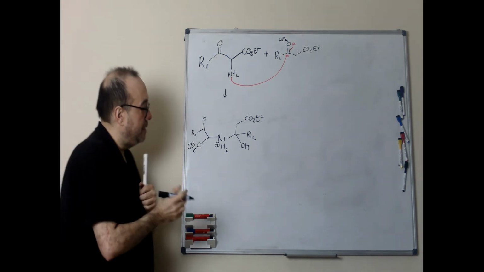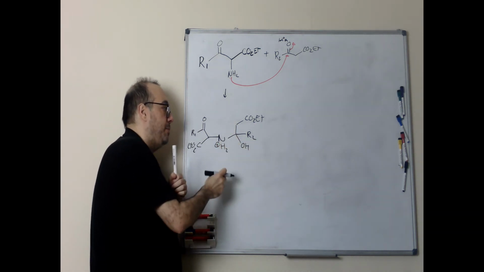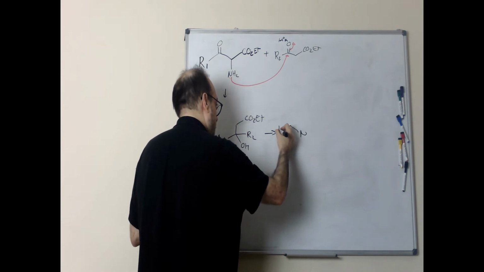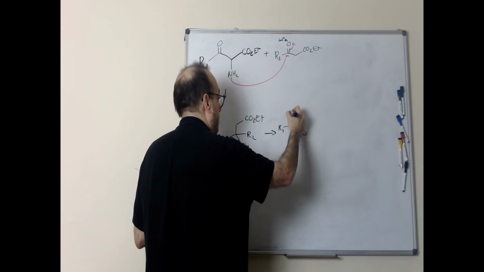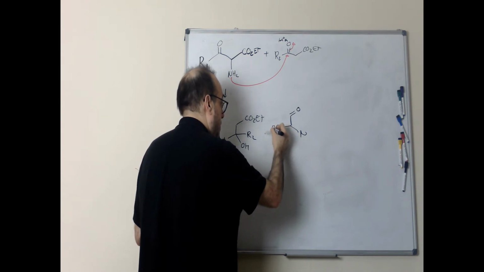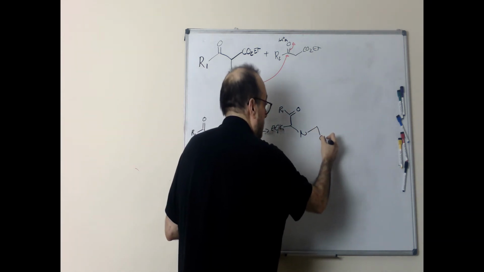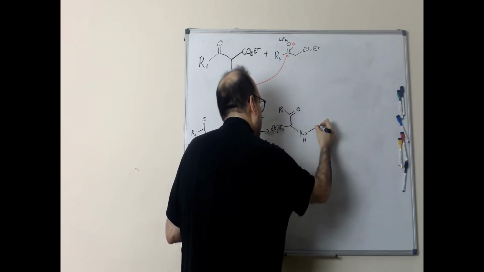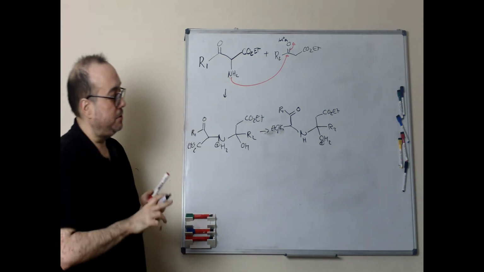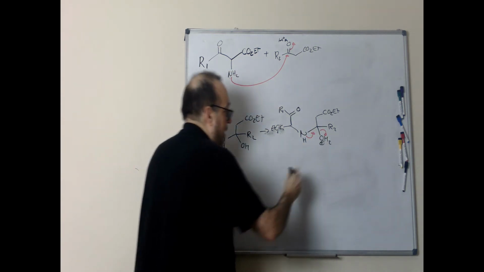this intermediate, and again we move this proton from the nitrogen to the alcohol because we want to do elimination, we want to form the imine, and what we get is this compound, that now we have the elimination and formation of the imine.